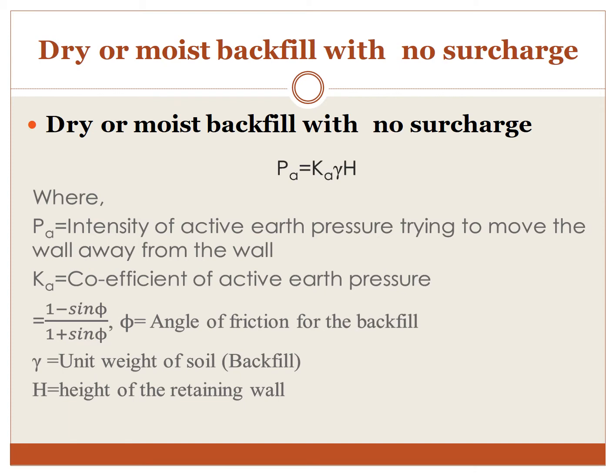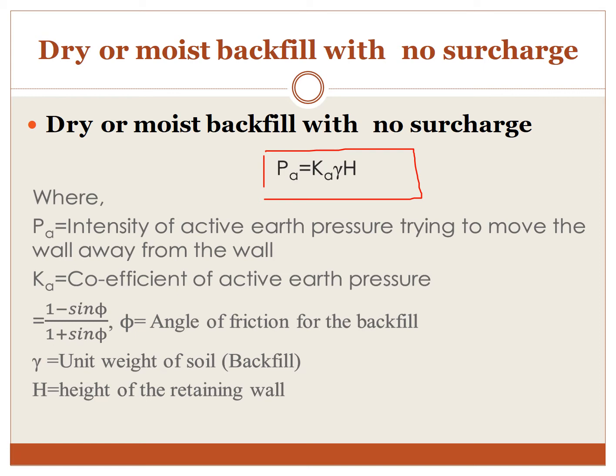The first case is dry or moist backfill without any surcharge. Here is the equation for dry or moist backfill, Pa equals Ka gamma H, where Pa is the intensity of active earth pressure trying to move the wall away from the soil.